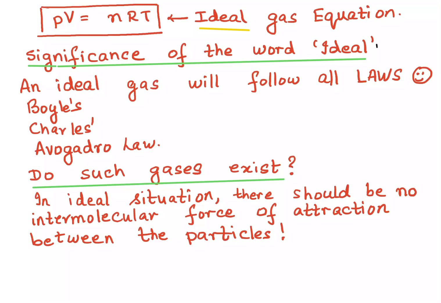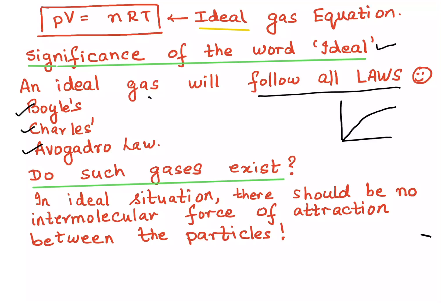What's the significance of the word ideal? That means an ideal gas, like an ideal student, will follow all the rules that you laid down for it. So it's going to follow Boyle's law, Charles' law, Avogadro's law, Gay-Lussac's law, everything it has to follow. But we find that in practical experience, when we draw these graphs for gases, there is a deviation from ideality.